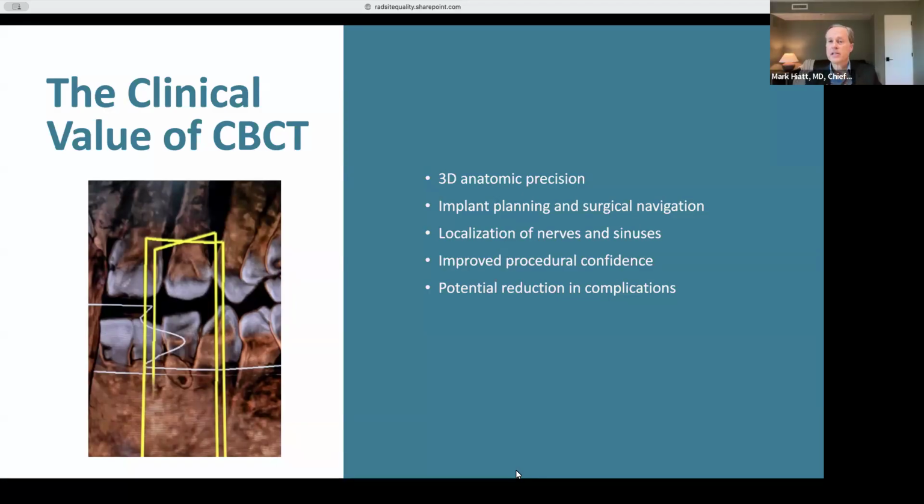And just from my background as a radiologist, the 3D anatomic precision rendered by CT vis-a-vis 2D radiographic modalities truly offers a superior rendering and helps the dentist or the oral surgeon in planning, knowing where the nerve is and being able to avoid complications. This is particularly good for surgical navigation, for localization, as I said, of nerves, of sinuses. You just have increased confidence, you reduce complications. And so there's a real clinical value.